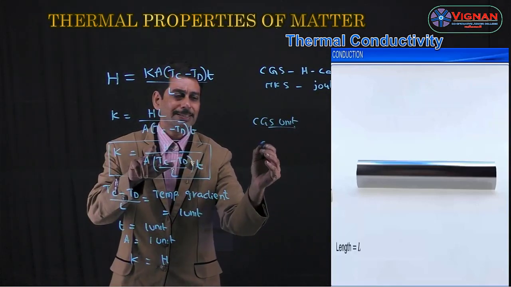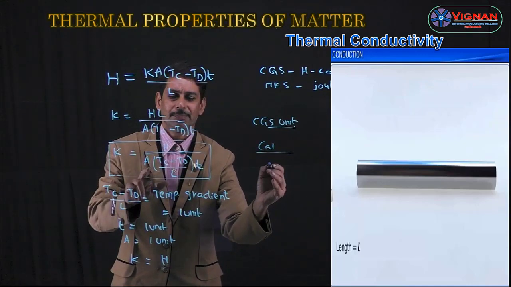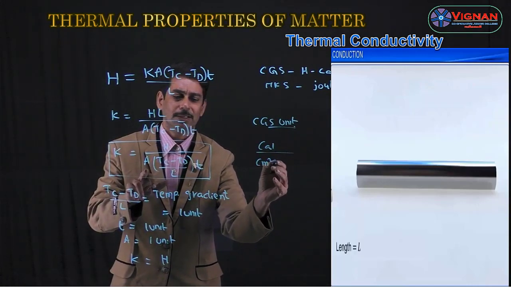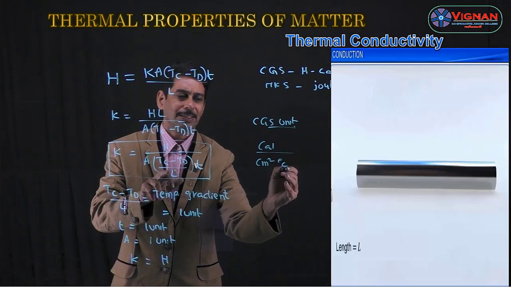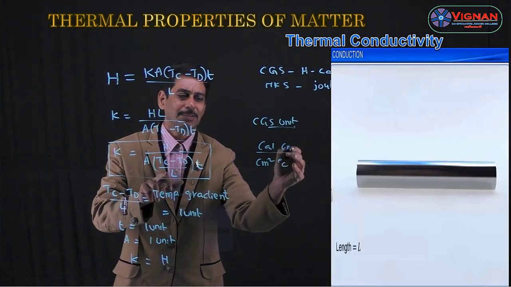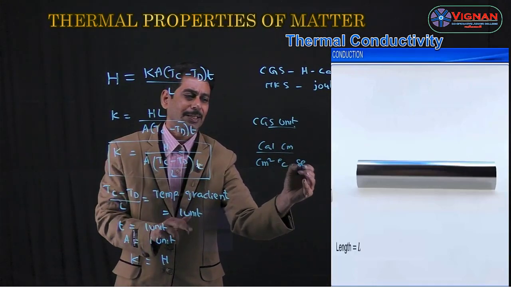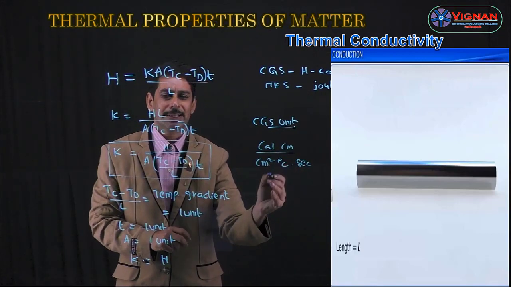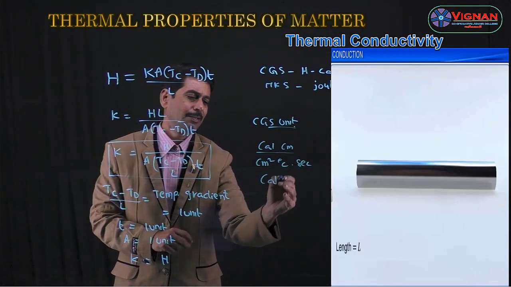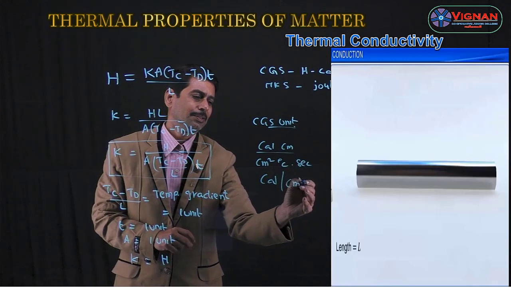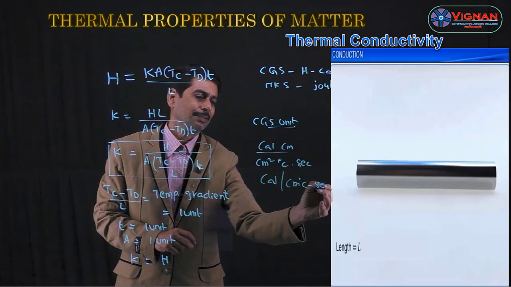Now we can write the units for K. The CGS unit is: for heat energy calorie, divided by area centimeter square, temperature degree centigrade, length centimeter, and time second. The centimeter gets cancelled, so we get calorie per centimeter degree centigrade second.